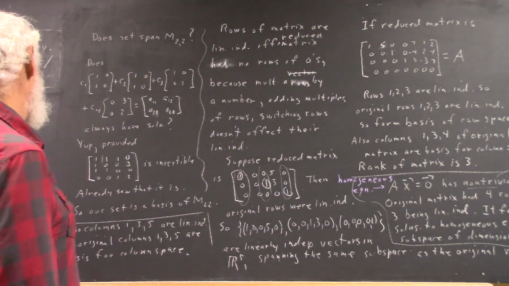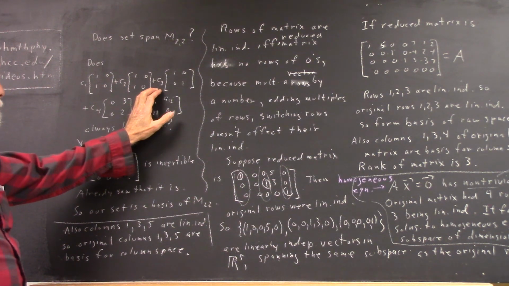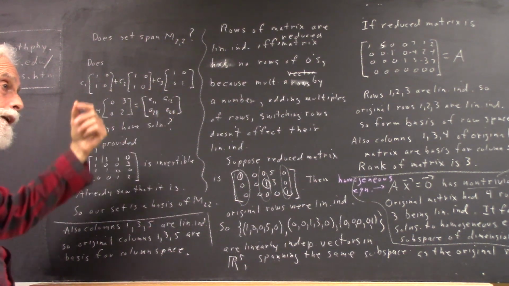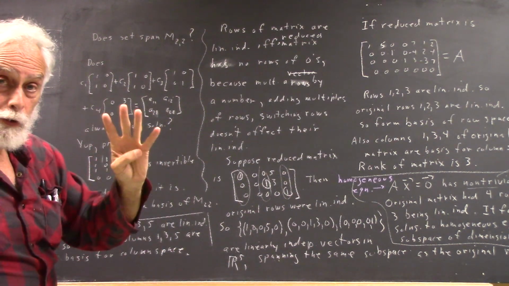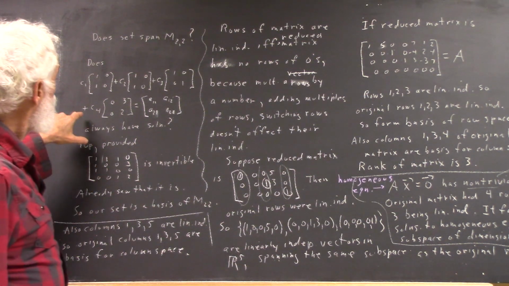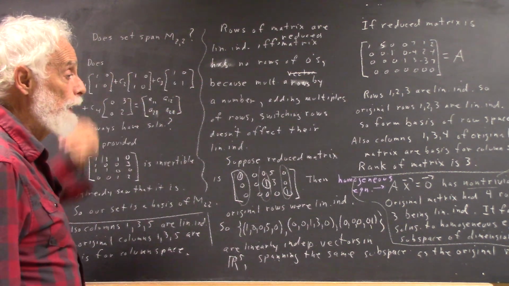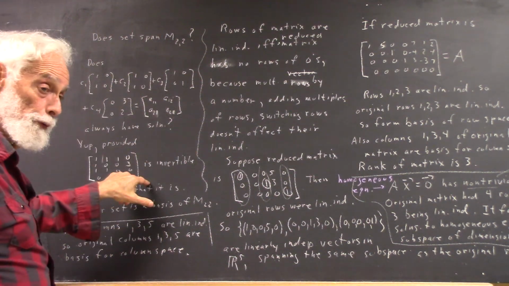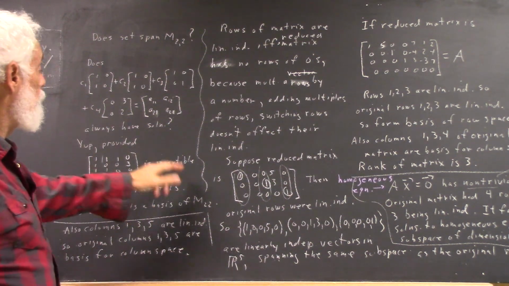So what it comes down to is take this linear combination, write it as a set of simultaneous equations, four equations in this case, express that set of simultaneous equations as a matrix equation, multiplying this matrix by your C1 through C4, and set that equal to 0.